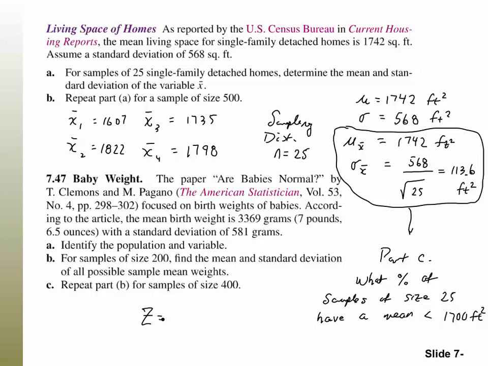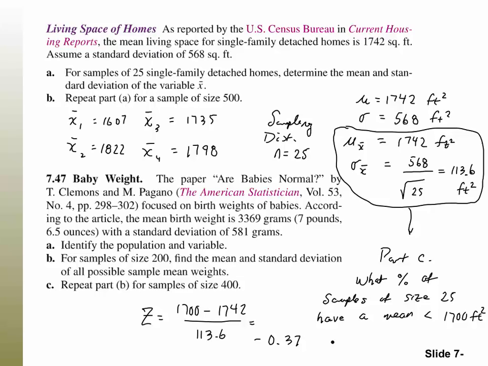So what's the z-score? The z is going to be 1,700 minus, there we go. Because our sampling distribution is a normally distributed variable, we can use a z-score. So we can get a z-score for 1,700 square feet for samples of size 25 using its standard deviation. And what? Anyone got it? Negative 0.369, or 0.37. So the z-score is negative 0.37.